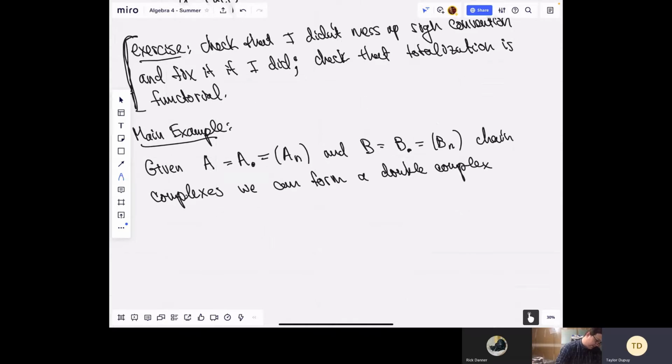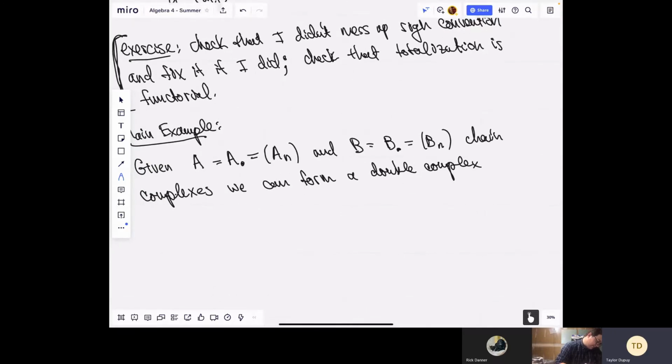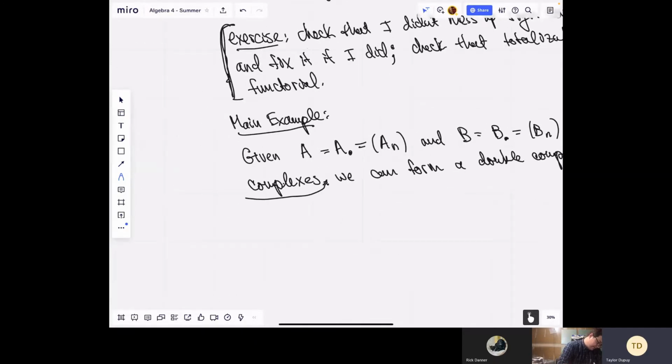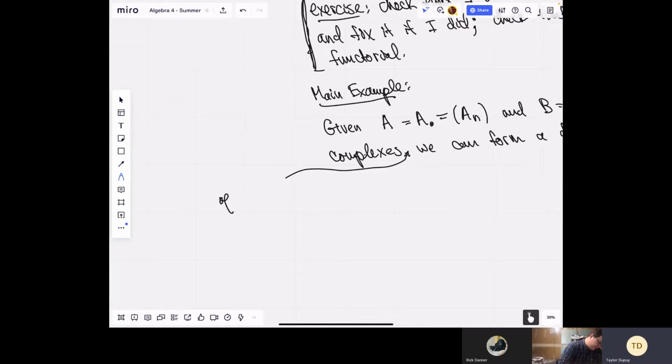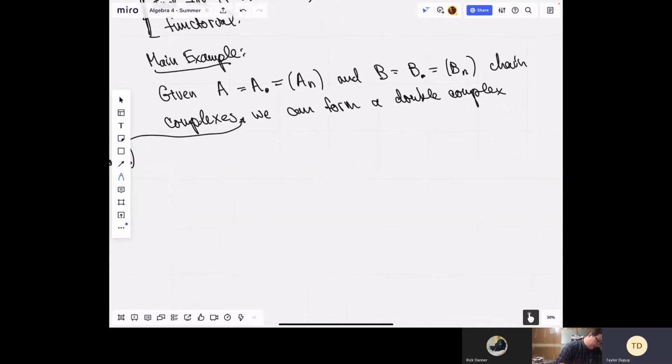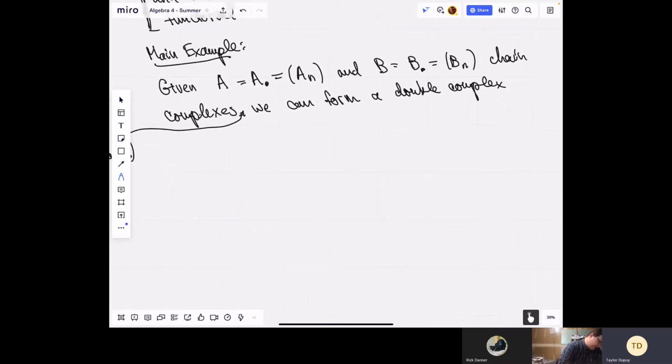Given these, we can form a double complex. This is going to be of R modules, let's say. This kind of matters now because we need a tensor product. We can form a double complex where we do A tensor_R B like this.